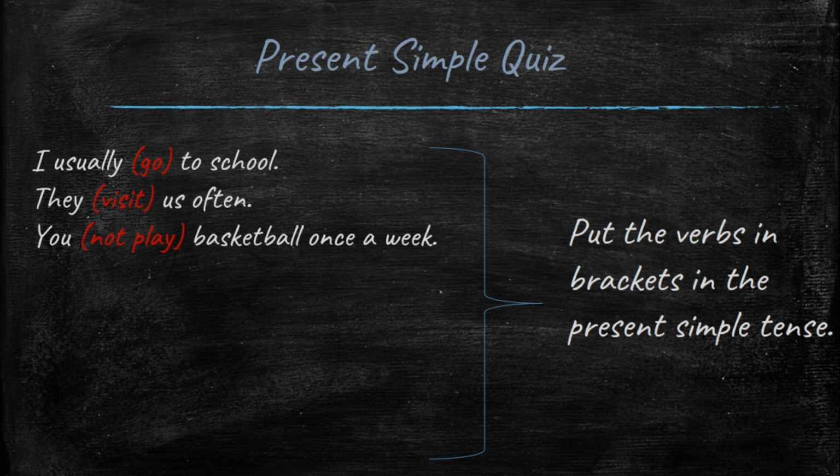As you can notice, this sentence is in the negative form. So what do we do in the negative form? Subject plus do or does plus not plus verb in the base form. In this case we have the subject you, so we should use do plus not. So you do not or you don't play basketball once a week.